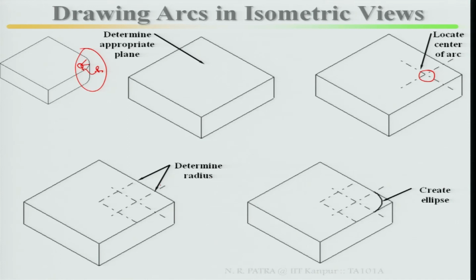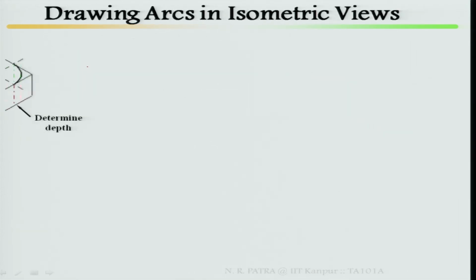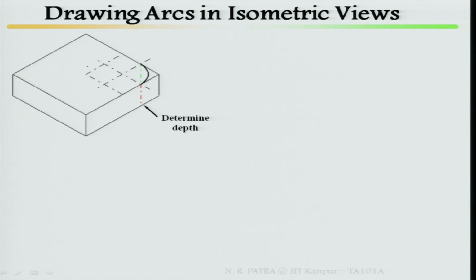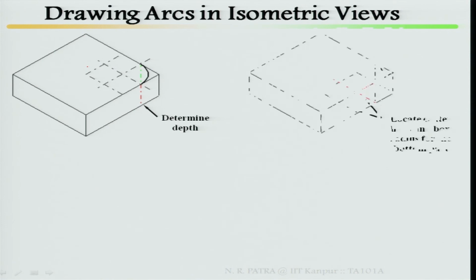Then create an ellipse, only on one side, because if you look at this feature, on one side it is an arc. Then determine the depth; this is your depth direction.